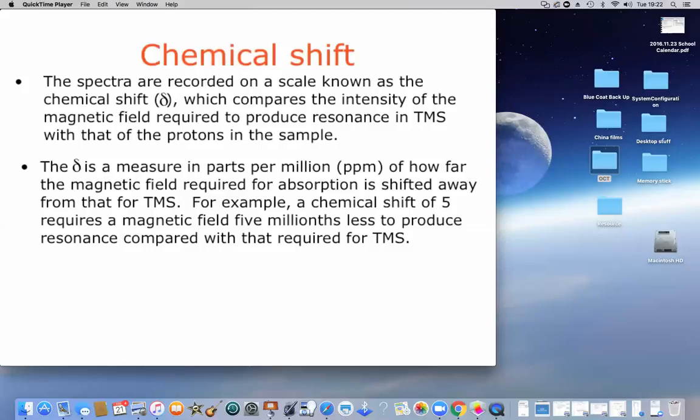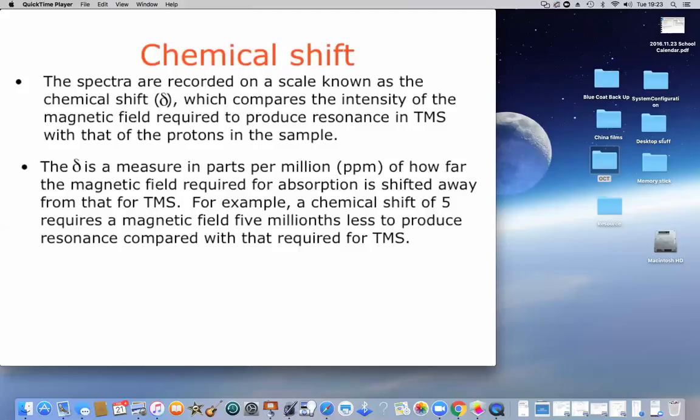You're not expected to be able to do TMS calculations for chemical shift. If, for example, a proton has a chemical shift of 5, that means that you require a magnetic field 5 millionths less to produce resonance compared with TMS. So it's a comparison, but like I say, for A-level chemistry, you're not required to make those sorts of comparisons in detail. You just need to be able to identify the chemical shift of different protons.